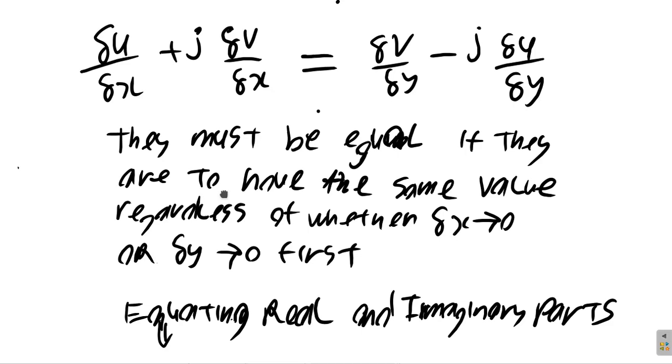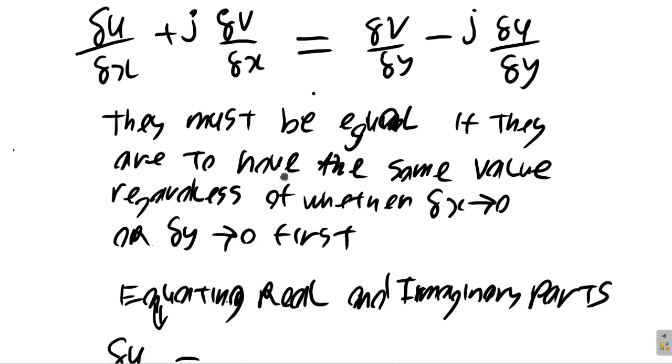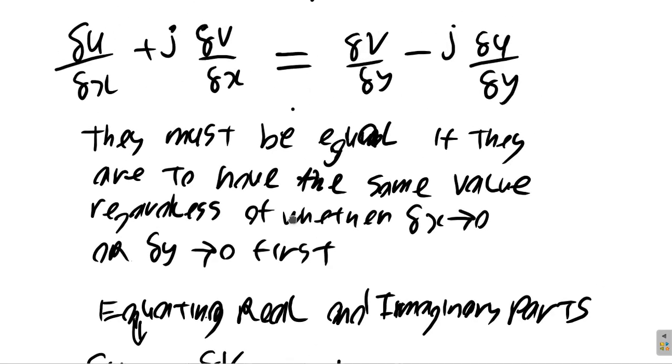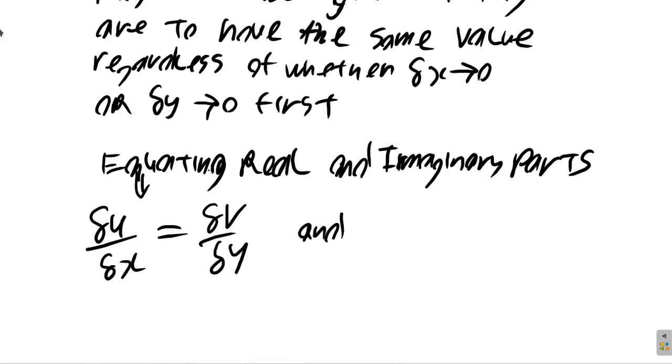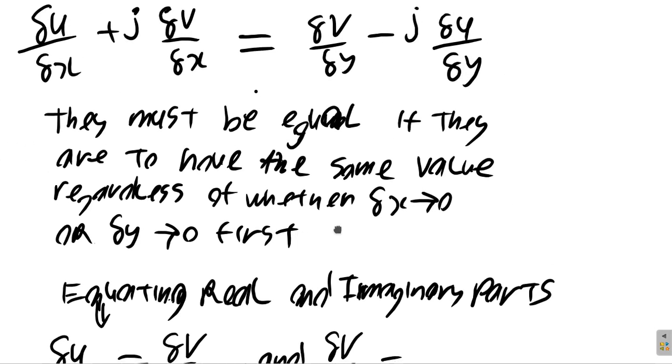We say del u by del x is equal to del v by del y. Right? And the imaginary part, del v by del x is equal to negative del u by del y.